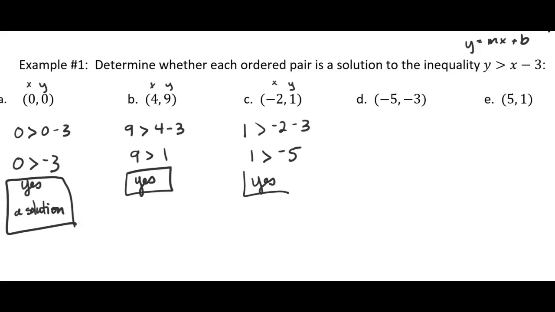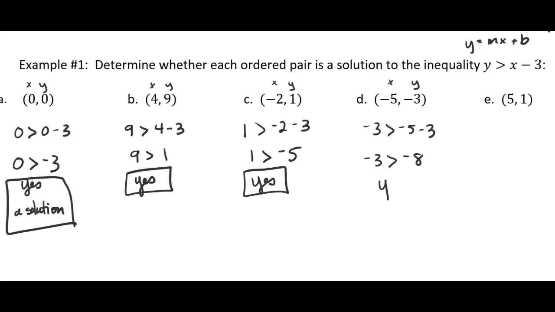So far all three have been solutions. Now we're going to put in -5 for x and -3 for y. And so we'll have -3 is greater than -5 minus 3. So -3 is greater than -8. Is -3 greater than -8?